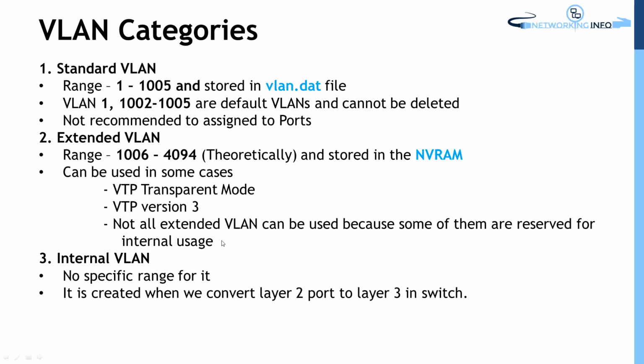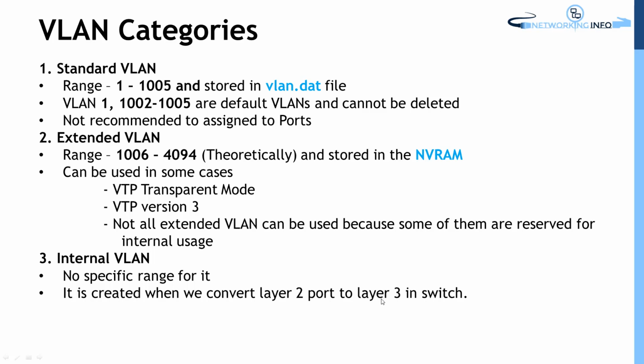It is created, you don't have to create it manually. You will not go to configuration mode and create it. It is automatically created when we configure any layer 2 port, or we convert a layer 2 port to layer 3. Then this VLAN in the backend is created automatically by the switch.